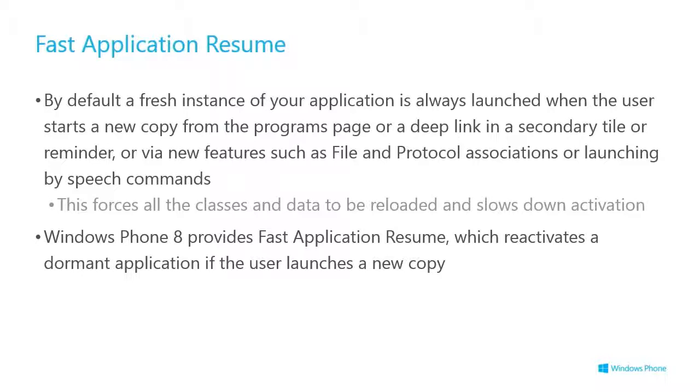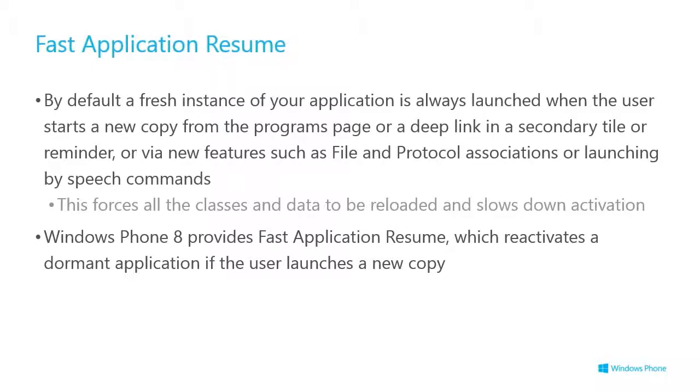And the suspended one will get destroyed. And the same is true of any other way that you launch an application, such as from a deep link on a secondary tile, from a speech command, from other new features such as app-to-app communication, file and protocol associations. They all launch a new instance of the app, and your old one gets destroyed at that point.